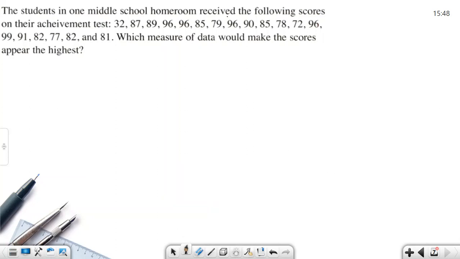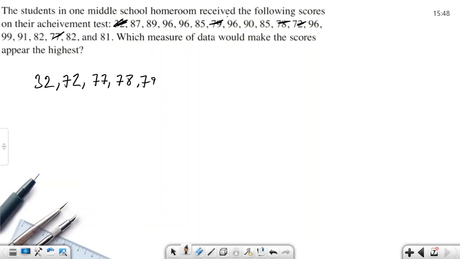So let's check. We have an outlier here, 32. Let's write 32, the first smallest one. Then what we have here: 72, 77, 78, 79.